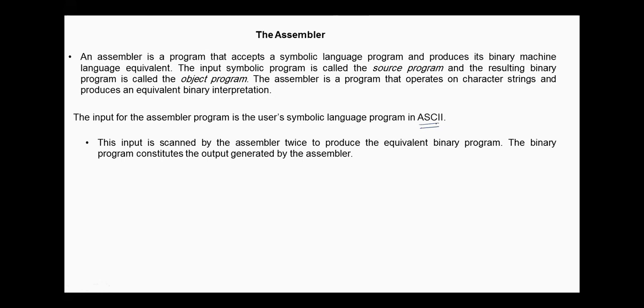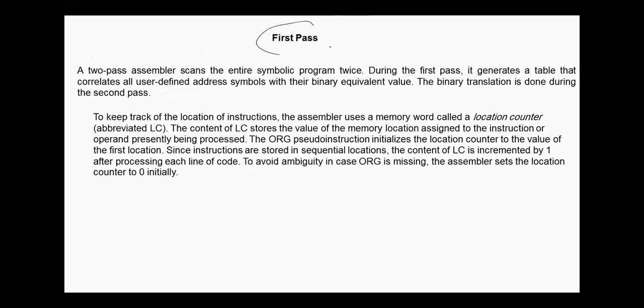This input is scanned by the assembler twice to produce the machine language code, or the object code. During the first pass, the assembler generates a table called the address symbol table, containing all the addresses with their binary equivalent values. And the actual translation, or generating the machine language code, is performed during the second pass.